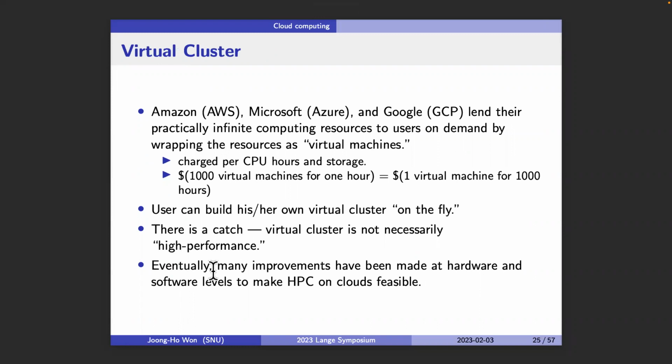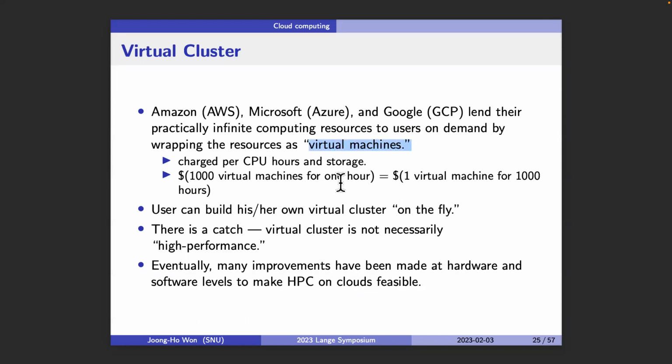Then I figured out a possible cost-effective way of doing this computation. There were big tech companies, like Amazon, Microsoft, and Google, who lend their practically infinite amount of computing resources to users on demand, and charge by CPU time. They basically sell their resources by wrapping them as virtual machines.